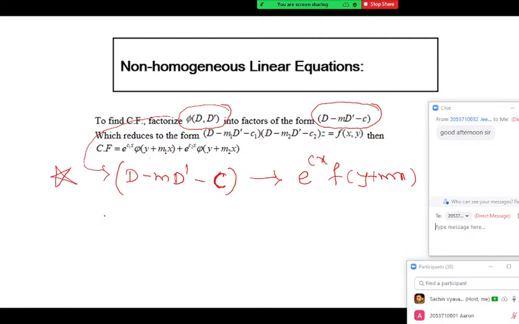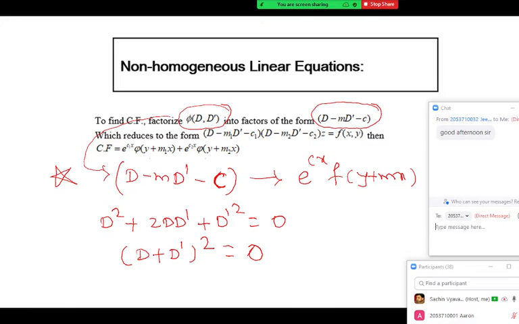For example, I already showed one auxiliary equation, D square plus 2D D dash plus D dash square is equal to 0. You will observe this is in the form of D plus D dash whole square. So the factor in this case is D plus D dash only.